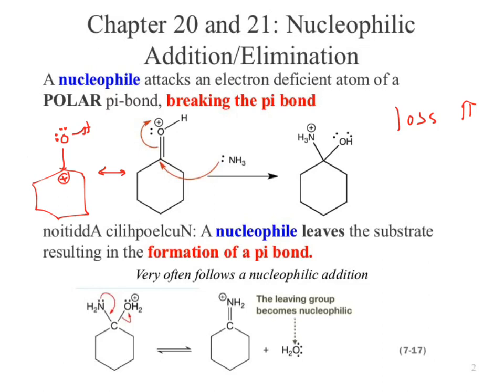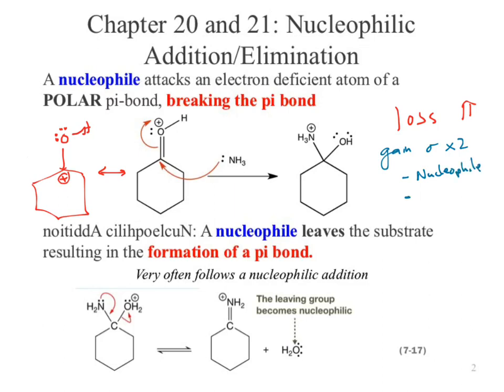By doing what? Gain of a sigma bond. Officially, in a nucleophilic addition, it's a gain of 2 sigma bonds. One of those sigma bonds, in this particular case, is going to a nucleophile.